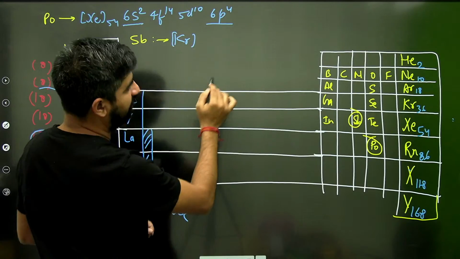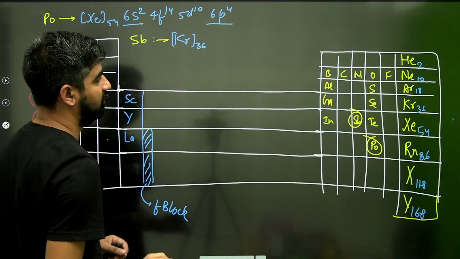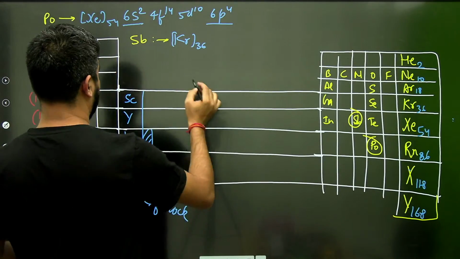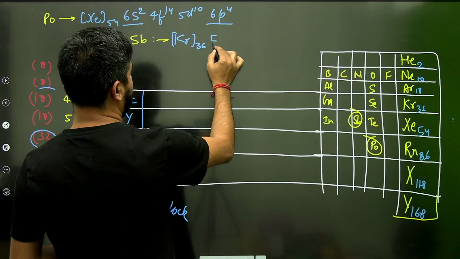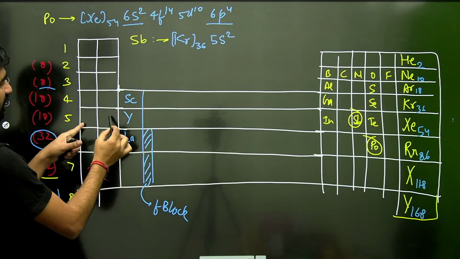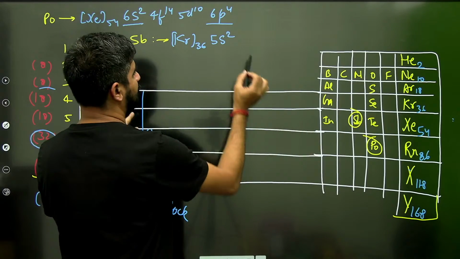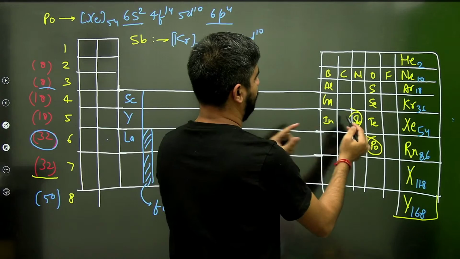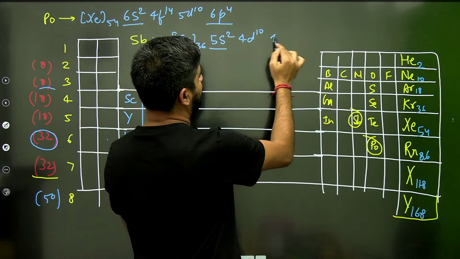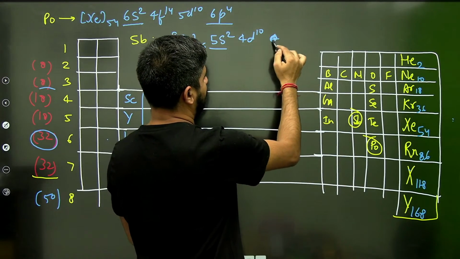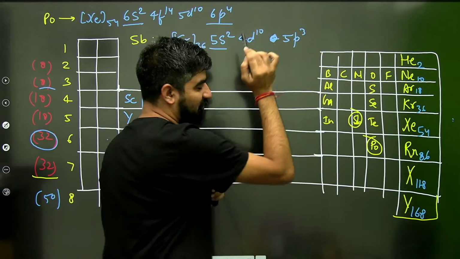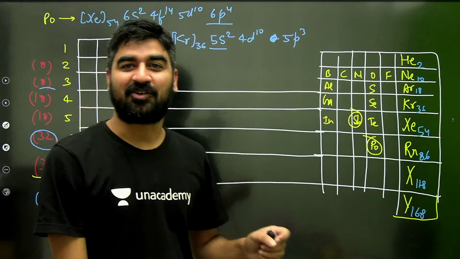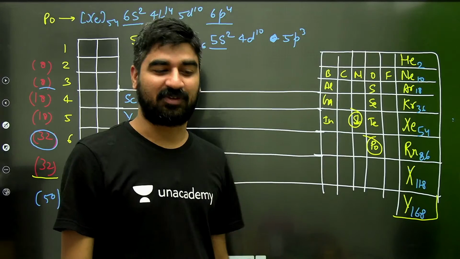So I will write krypton 36, and then I will start with 5s2, then 4d10, and after 4d then we have 5p3. So this is the way guys how you can write the configuration of each and every element.